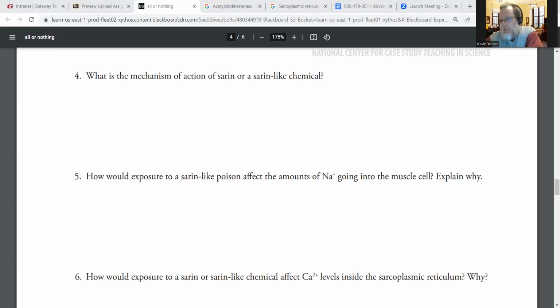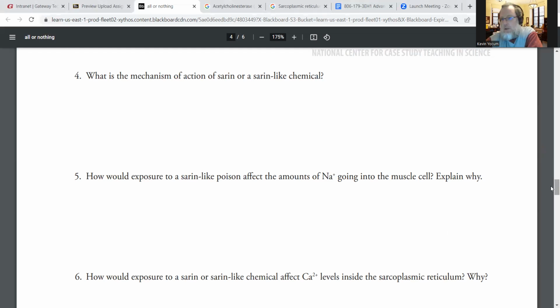All of that sarin that eliminates acetylcholinesterase triggers acetylcholine to build up, which triggers excess depolarization, triggering all of that sodium to go deeper into the cell, or what we call an excess of sodium influx. Again, you only have to know three dominoes. Acetylcholine's the first one, sodium's the second one, calcium's the third one. If you know that order, this is smooth sailing.